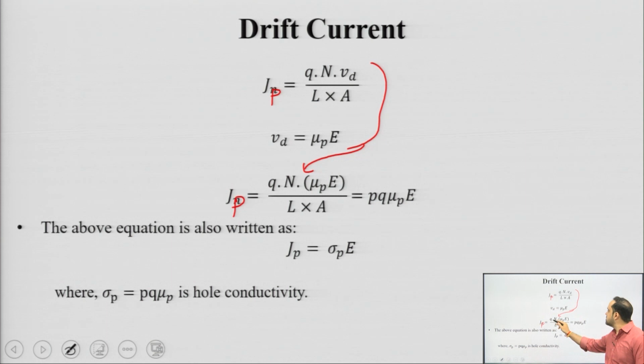Hole current density is q p mu p times E, where p is n by L times A, the hole concentration, with charge q, mobility and electric field, and this term here is nothing but the hole conductivity. Why is this conductivity? Because it is taking the concentration, charge and mobility. All these parameters basically tell you how conductive the material is.